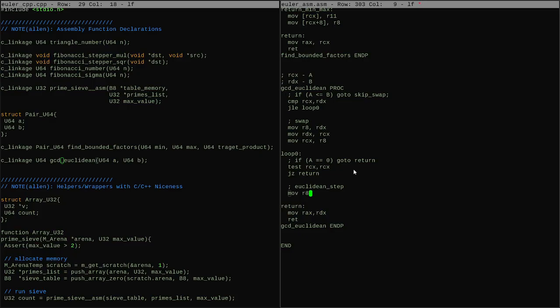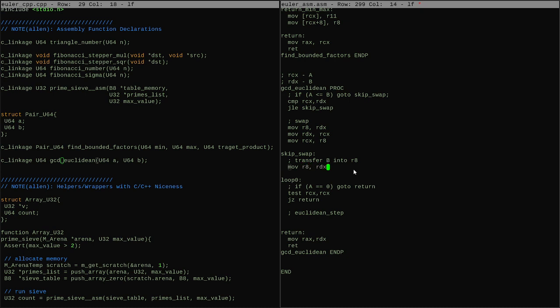So we're going to do R8. Right. So here we have to do, well, we got an issue. So we're going to have to first, okay, we do need a skip swap. We're going to transfer B into R8. Mov R8 into RDX.